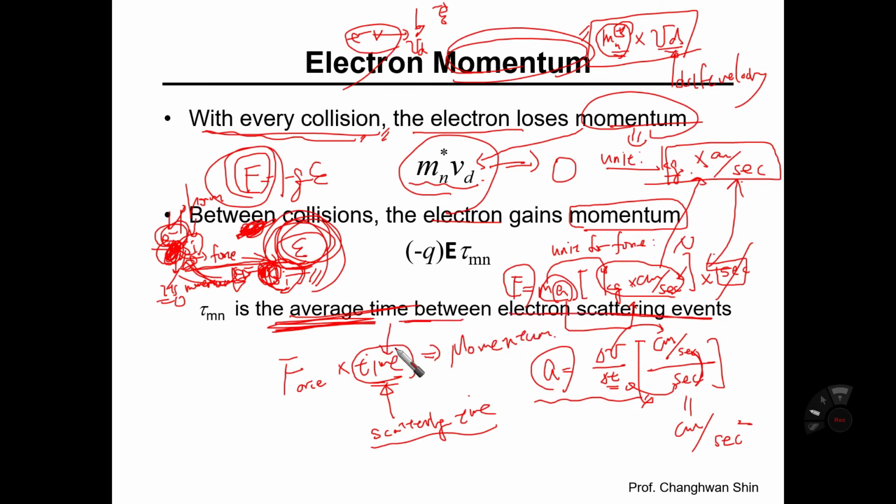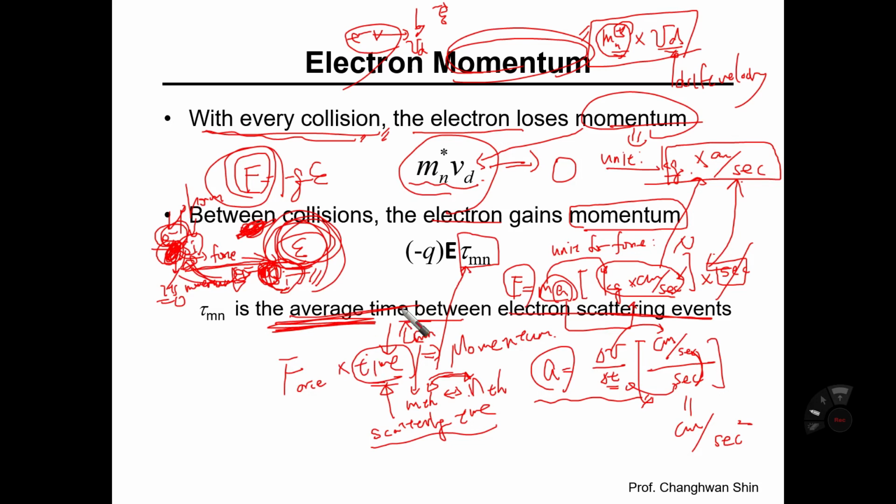So plug in here tau sub mn. From m's scattering to n's scattering event, in between those two collision events, it needs a certain amount of time. So that average time is denoted as tau sub mn.